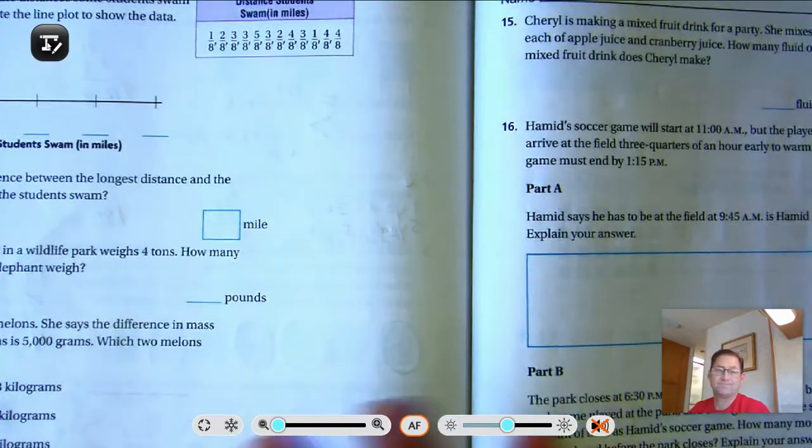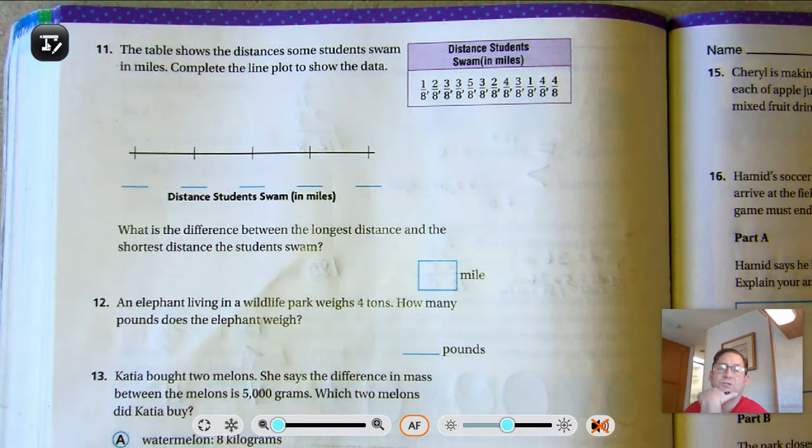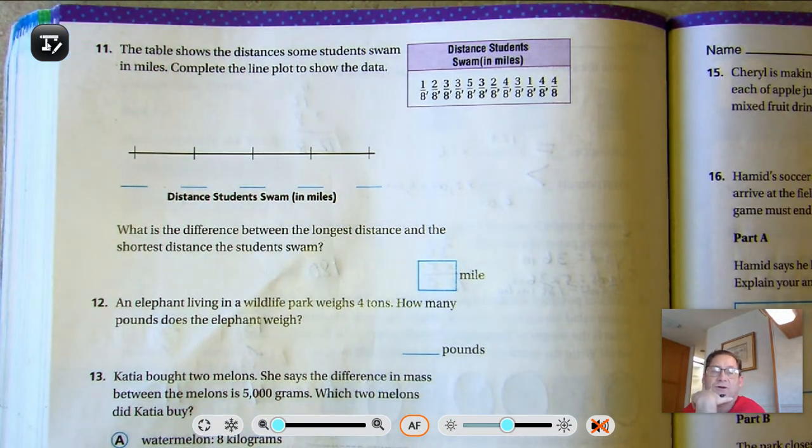Okay, number 11. The table shows the distances some students swam in miles. Complete the line plot to show the data.